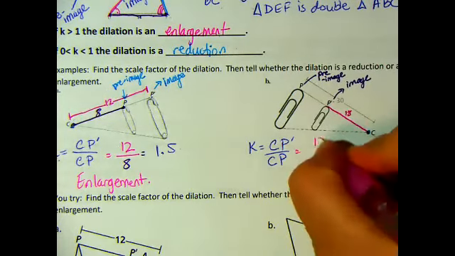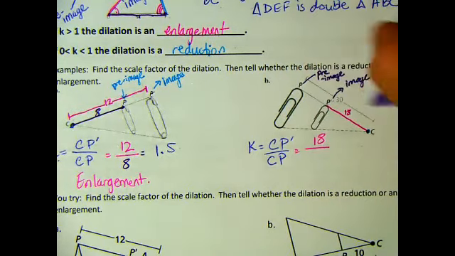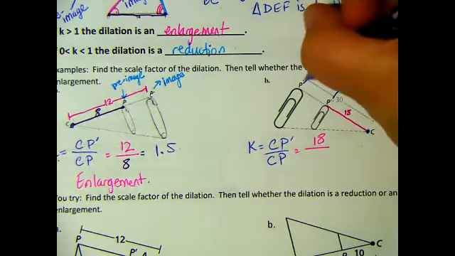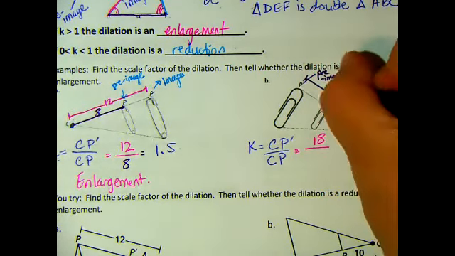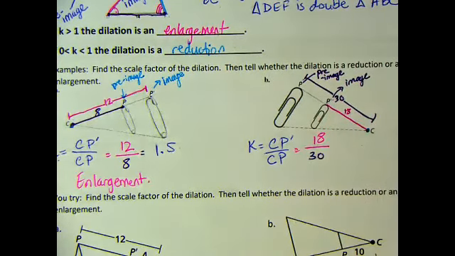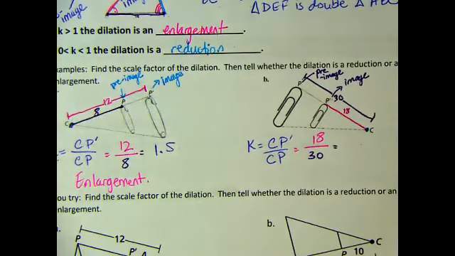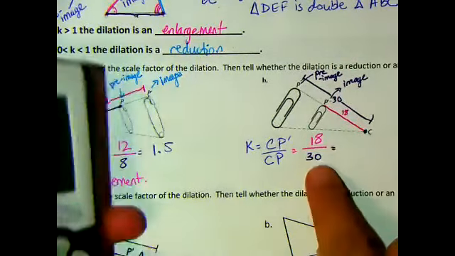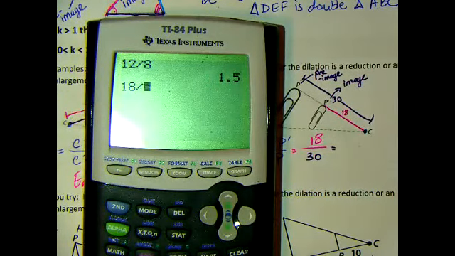And we can see that that distance here is given to us as 18. So this top is 18 over our distance here from C to our pre-image P. We have 30. So this is going to be 18 over 30. Okay, so when I put this into the calculator to get a decimal, it's going to be 18 divided by 30.